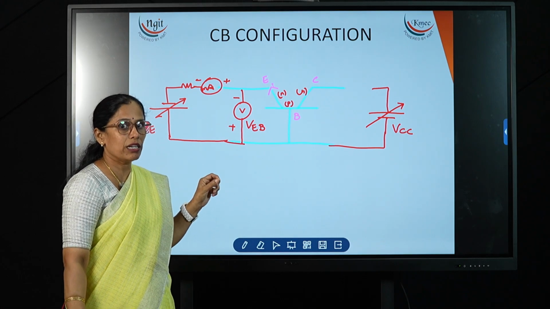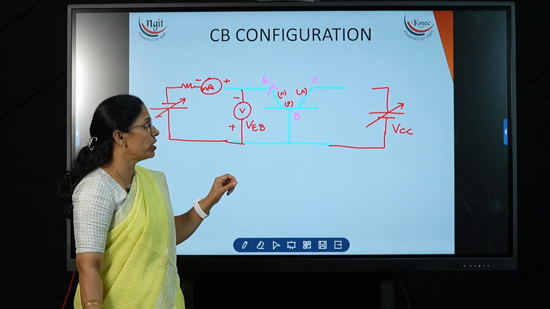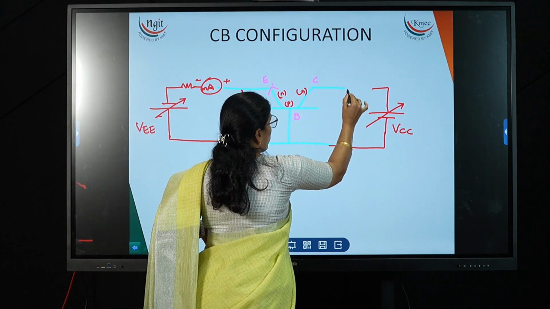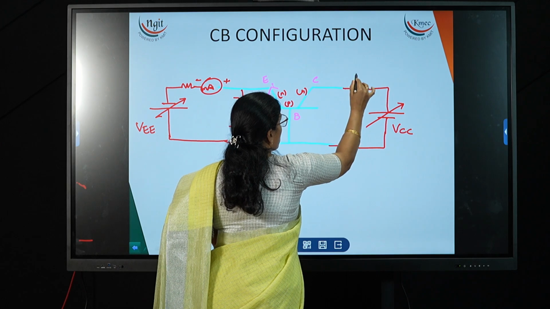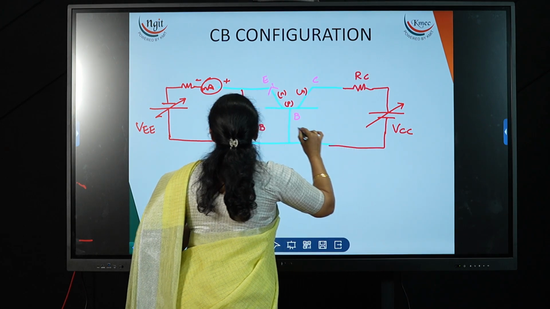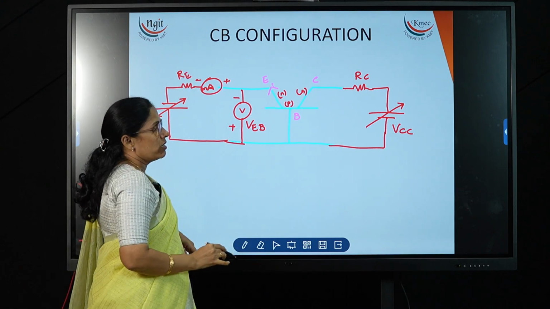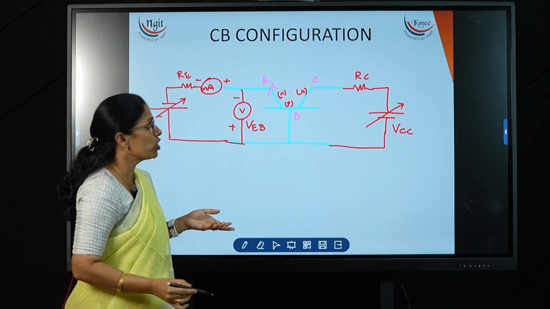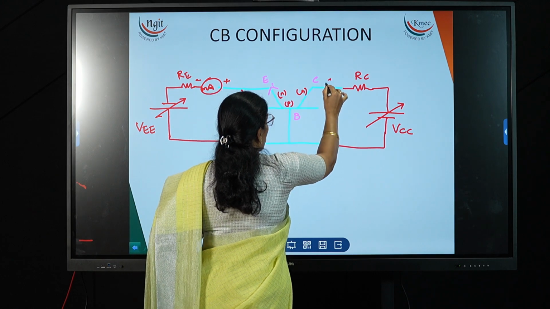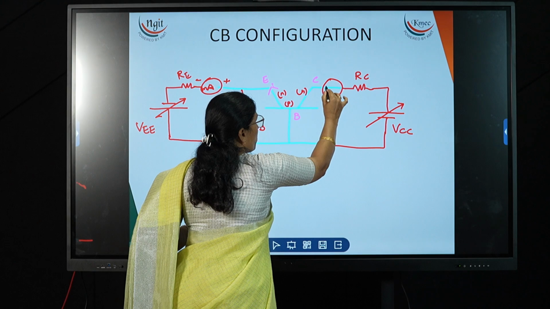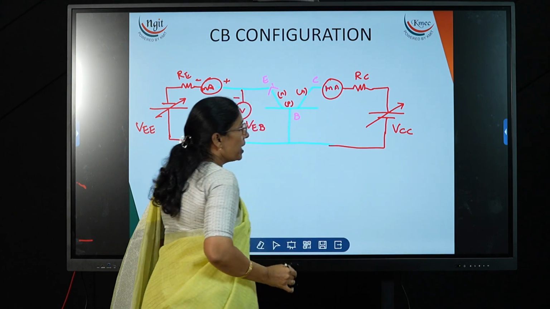The collector, indicated by C, we take as a double suffix. The supply is connected through a resistor, and I am naming this resistor RC, and the input one we connected is RE. We can also call them R1, R2. Here we need to measure the branch current, and the IC current is in the order of milli, so a milliammeter is connected.